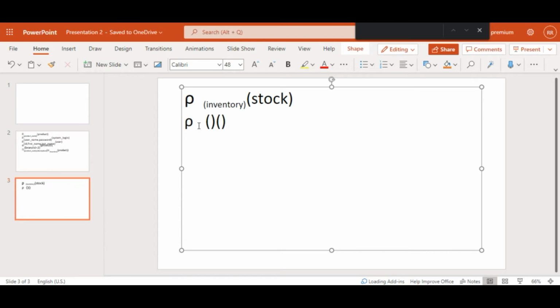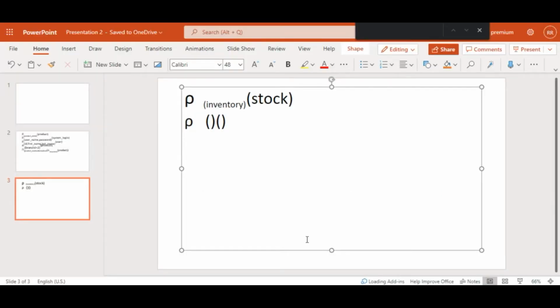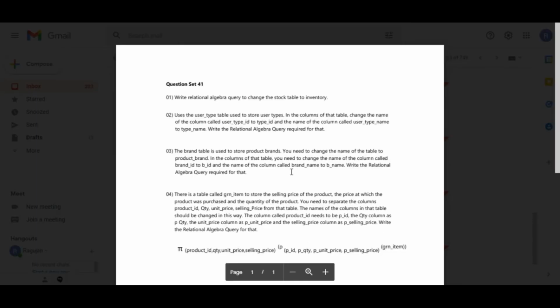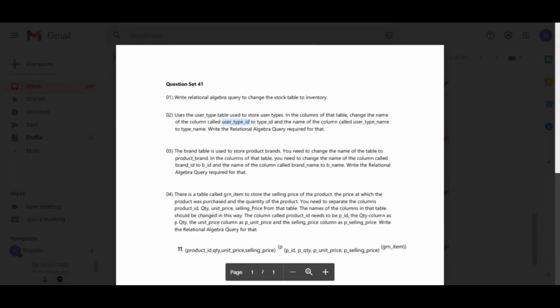Here we have to mention the table name. The table name is user type, so I'm going to say user type. And now we have to mention what we are going to rename. So we are renaming the user type ID column name to type ID. Type ID is the new one, and also we have to mention the user type name.